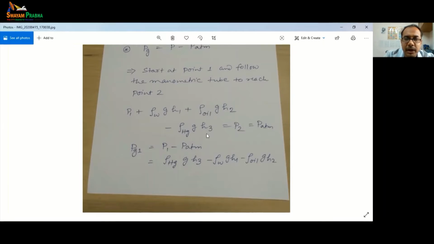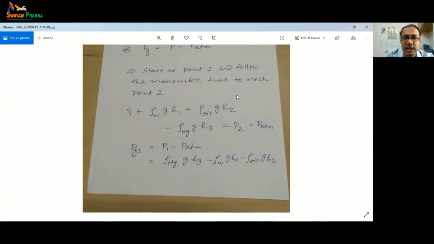For the next part, the mercury column, we are now going up, so that is why we have a negative sign here. This negative sign tells that we are going up by height h3, and the column is now made of mercury, so we have to use rho of mercury. By doing this we reach point 2, where the pressure will be P2, and as point 2 is open to the atmosphere, the pressure will be P atmosphere.